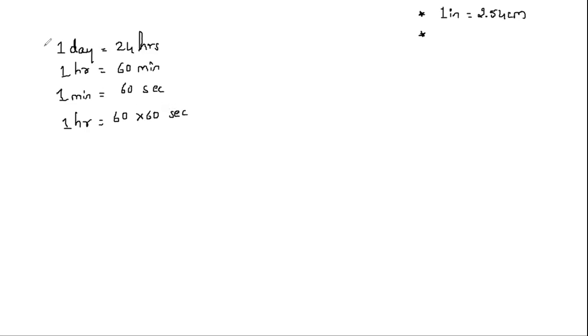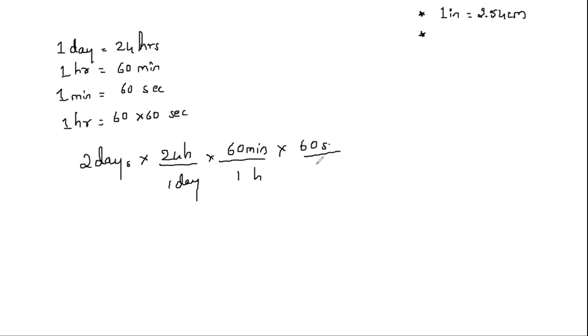So I have to convert 2 days into seconds. So 2 days into 24 hours divided by 1 day, into 60 minutes divided by 1 hour, into 60 seconds divided by 1 minute. All these things should be considered, right?